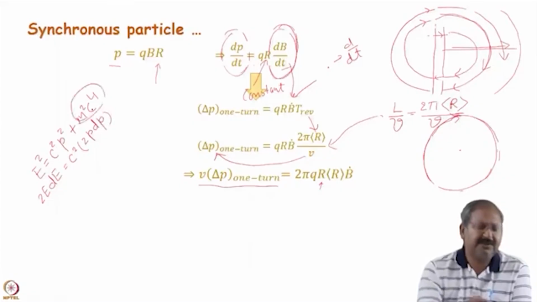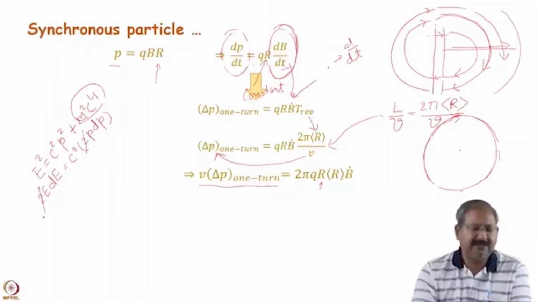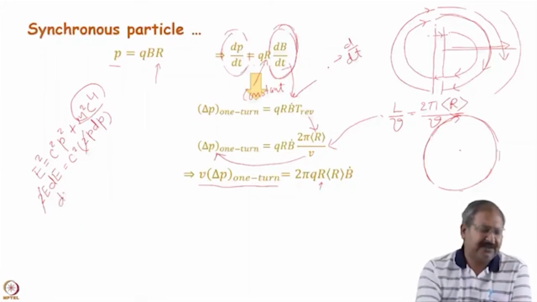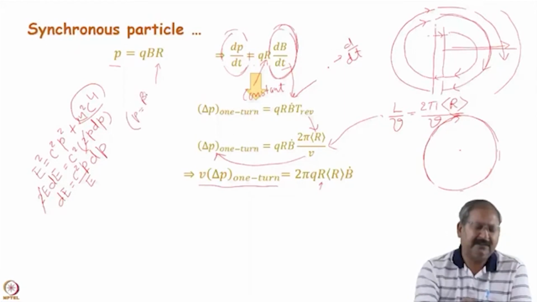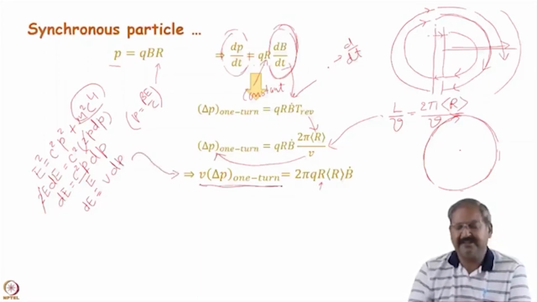These are constants, so their differentiation will be 0, and the 2 will cancel out. So dE is equal to C square P upon E dP. Now P itself is beta E by C, so you will get dE is equal to V dP, which is written here. So this is the energy.